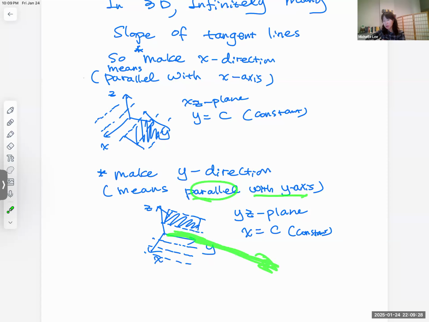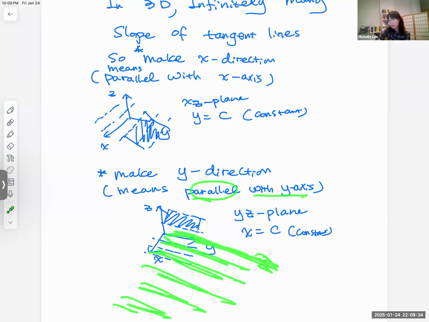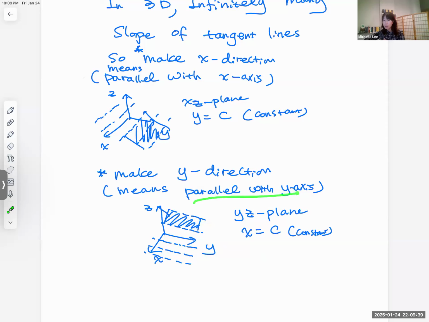How do you make it parallel to the y-axis? This is parallel to the y-axis. Yeah. Make sense? Okay. If we go parallel to the y-axis, that means the yz plane.